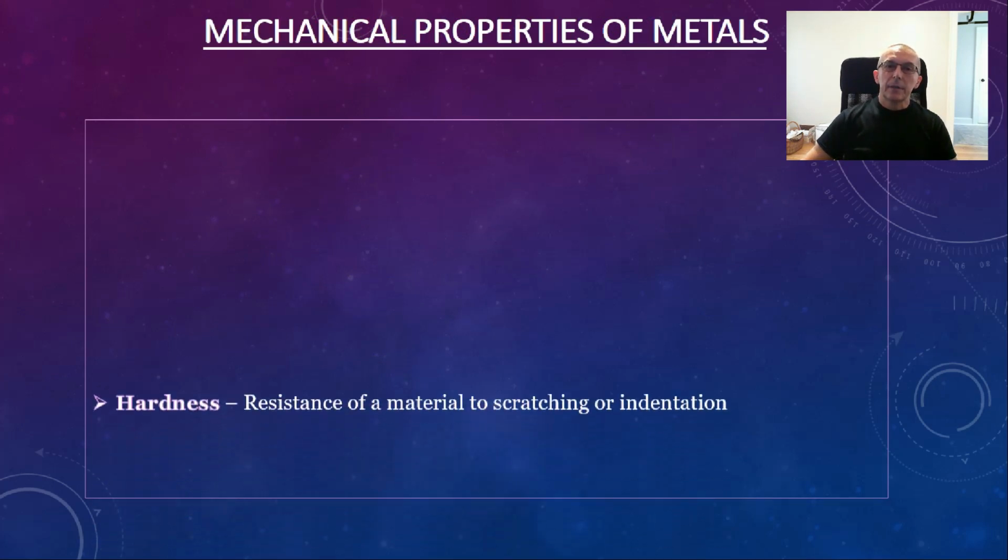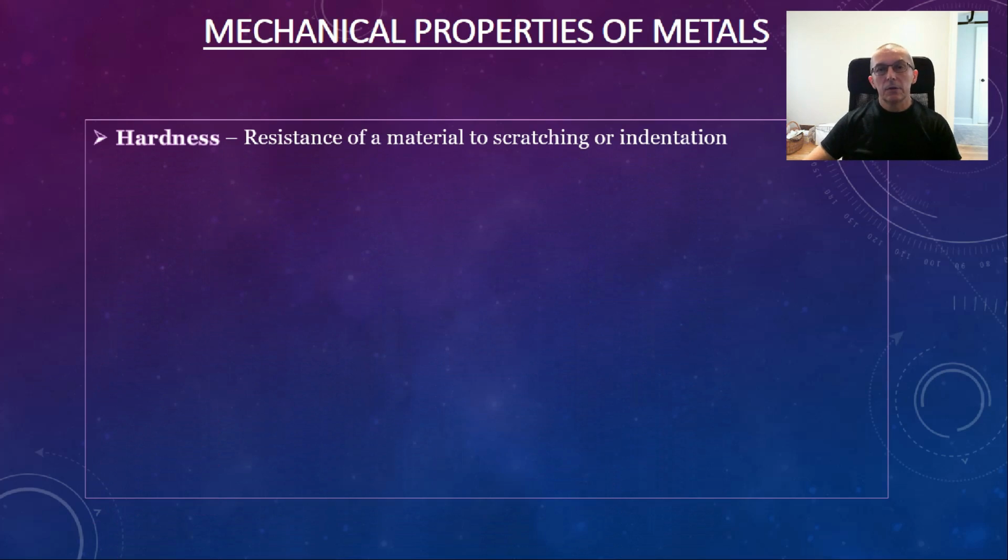Mechanical properties of metals. The first we're going to go over is the hardness, which is the resistance to scratching or indentation. This is basically the way the material is resistant to, like, let's say if you are scratching it with a knife, or you're scratching, like, let's say a glass and you're writing something on it with a diamond.